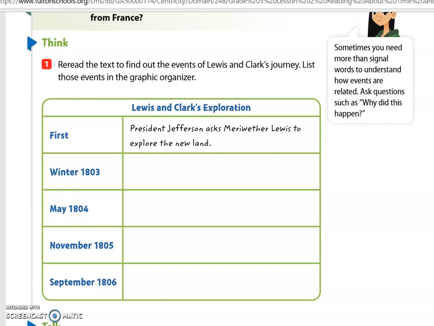If you look in paragraph 5, you will see that Lewis and Clark arrived back in St. Louis. Now reread paragraphs 2, 3, and 4 to yourself. Think about how the events in those paragraphs are related.